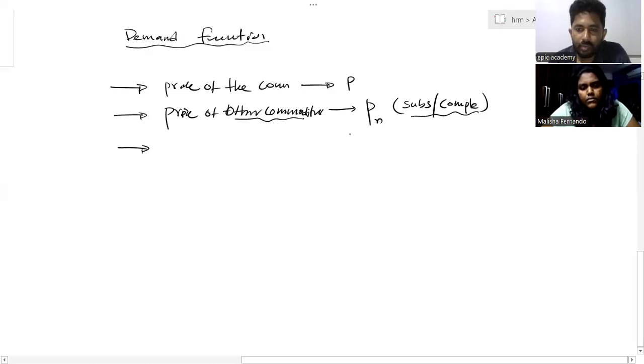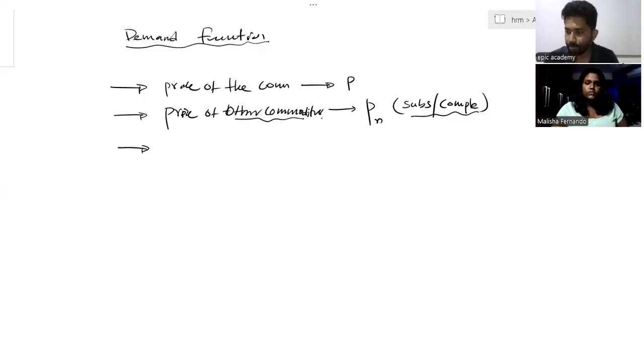So how can we identify the substitutes? If you are going to drink coffee, tea is the substitute. If you are going to travel to Colombo by train, bus services are the substitute.